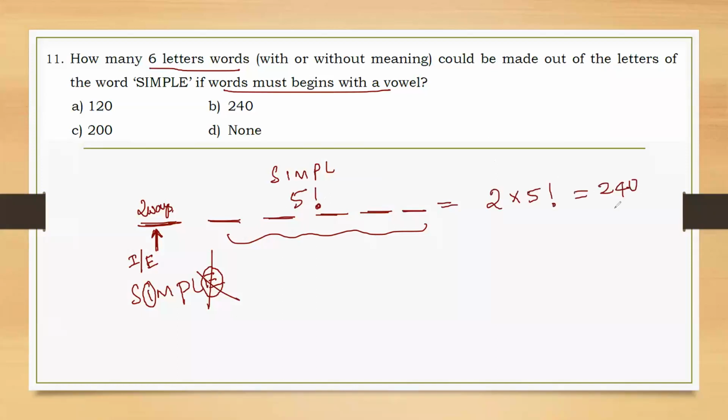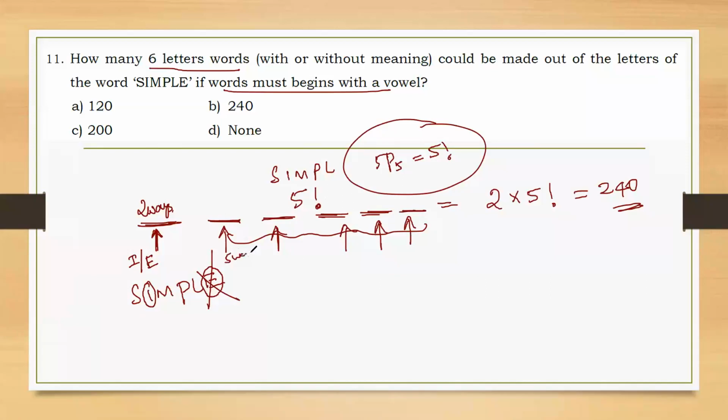The answer is 240. Or you can find the number of ways for each place. We have 5 blanks and 5 letters to place, which is 5P5, and 5P5 is 5 factorial. Or else you can go place by place: 5 ways, here 4 ways, here 3 ways, here 2, here 1. Both are the same.